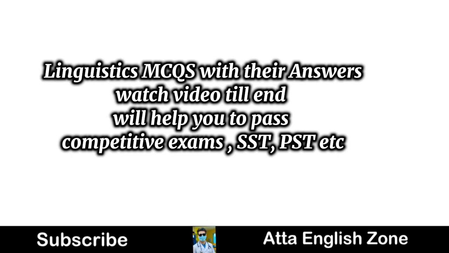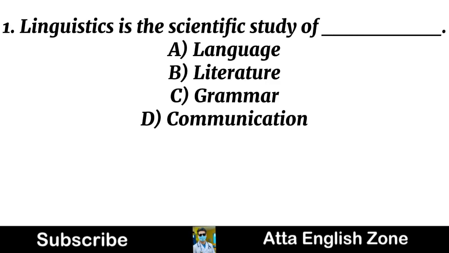Today we are going to study linguistic MCQs with their answers that will help you in many exams. So the first MCQ: Linguistics is the scientific study of language, literature, grammar, communication.